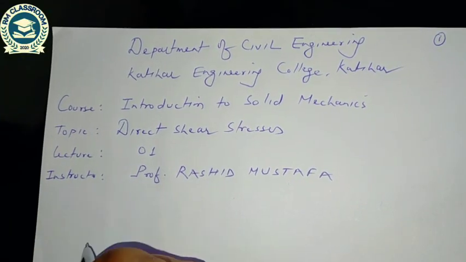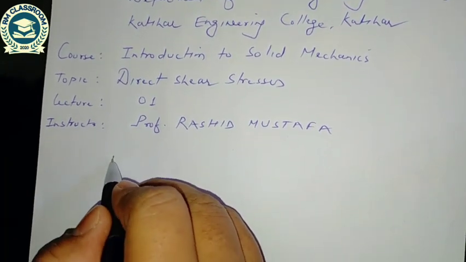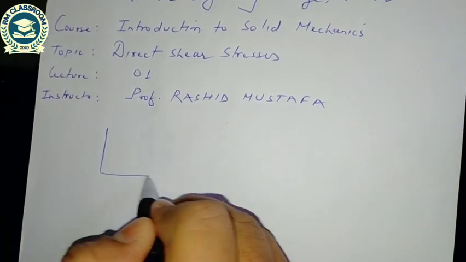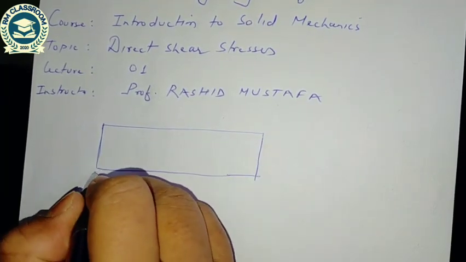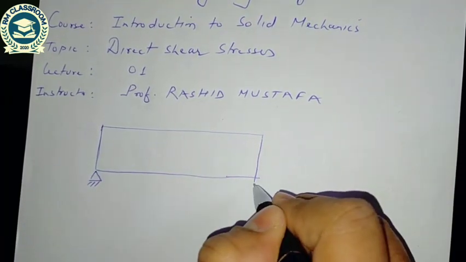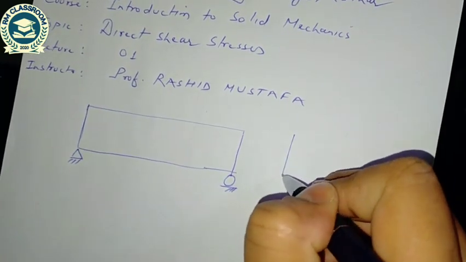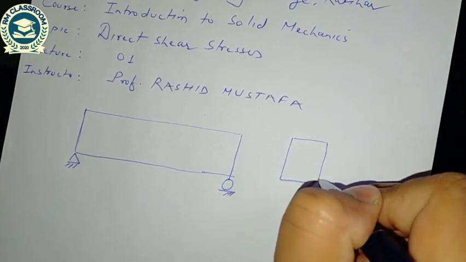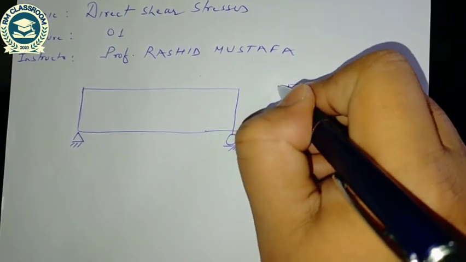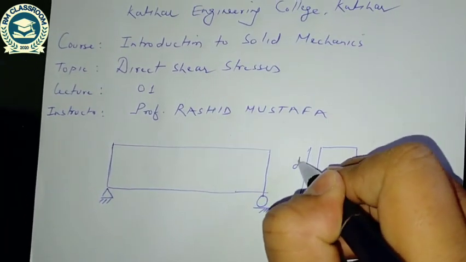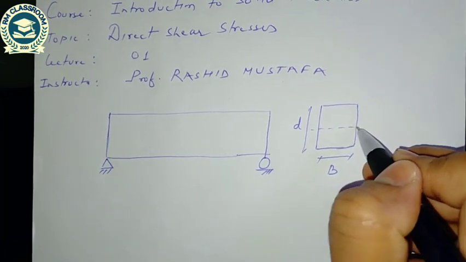So let us take a beam, and a section having width B and depth small d, and let us assume this is the neutral axis.